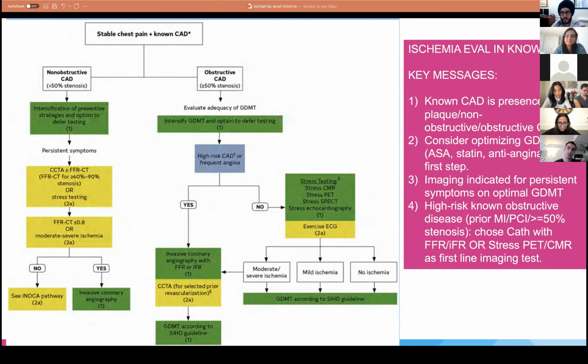And optimize them first. And if they continue to have symptoms on good medical therapy, that's when you actually want to consider testing, because you already know that they have disease. So you're going to treat them medically, and the question for testing is only if you want to send them for revascularization versus not.